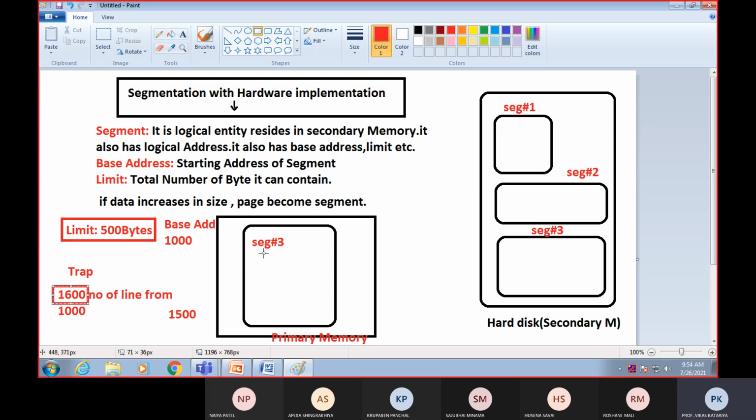We know that segment number 3 has base address 1000, but it can contain only 500 bytes. So segment number 3 has only 500 lines. The closing address is 1500. So we cannot generate an address for line number 1600. In this case, the operating system gets trapped.